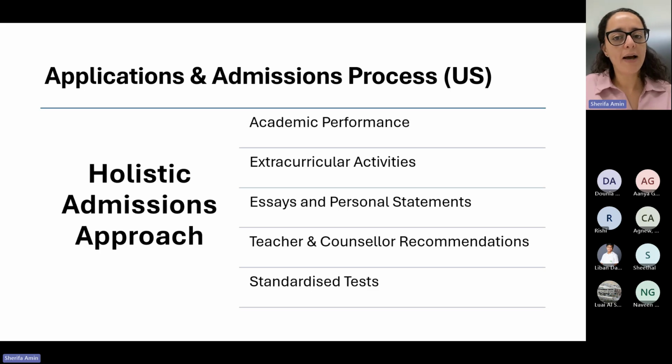So unlike UCAS, which mainly considers academics, US universities are interested in what kind of person you are, how you think, how you contribute to your school and the community. This approach can be an opportunity as well as a challenge, because it allows students to highlight their strengths beyond just academics, but it also requires more preparation compared to UK applications.